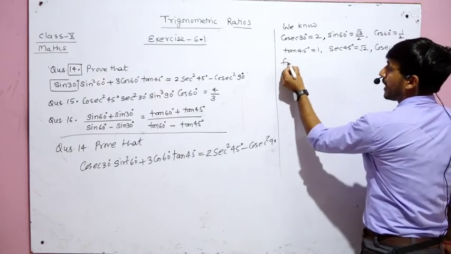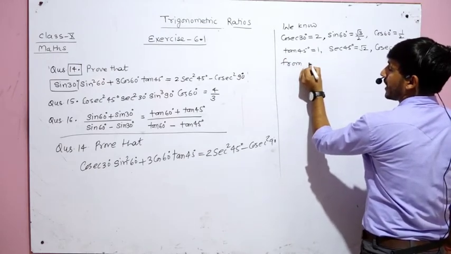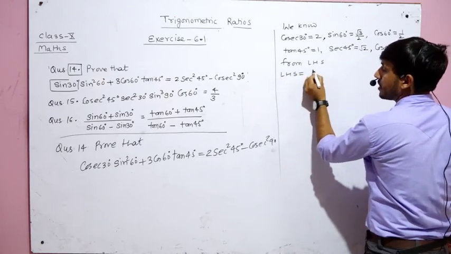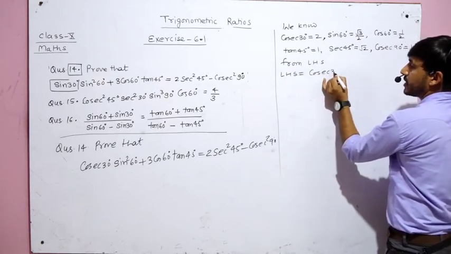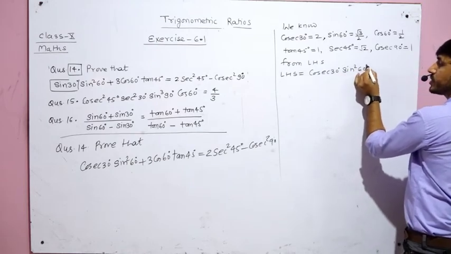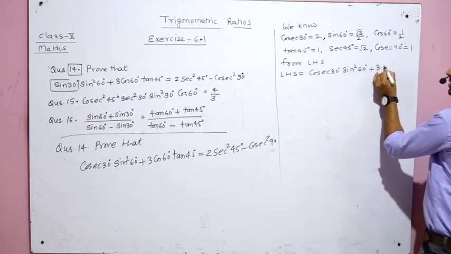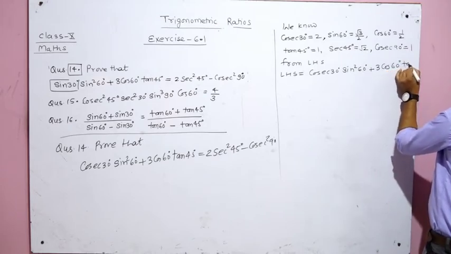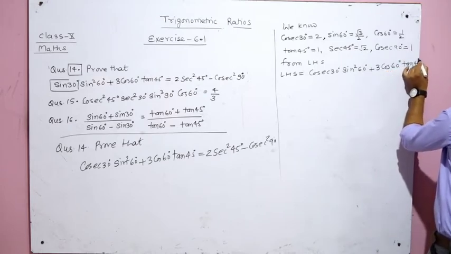First we will take the LHS. LHS is given as cosec 30 degree multiplied by sin square 60 degree plus 3 cos 60 degree, and tan 45 degree.